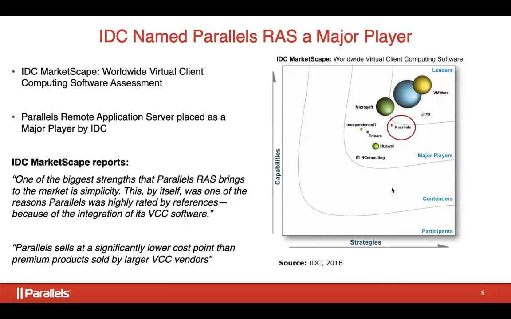From there onwards, we have seen phenomenal growth. Only 1 year after the acquisition, in the year 2016, Parallels was named in an IDC publication as a major market player, just after VMware and Citrix, although it was still a very small company by that time.